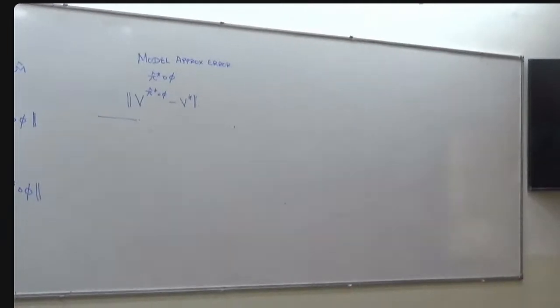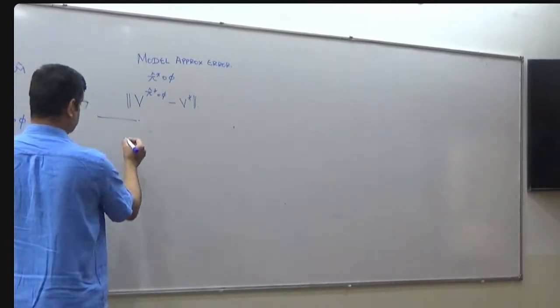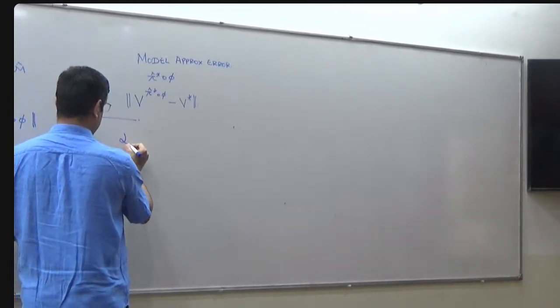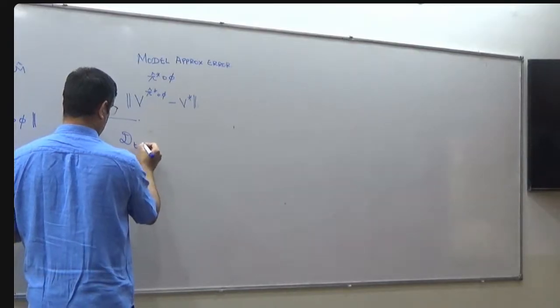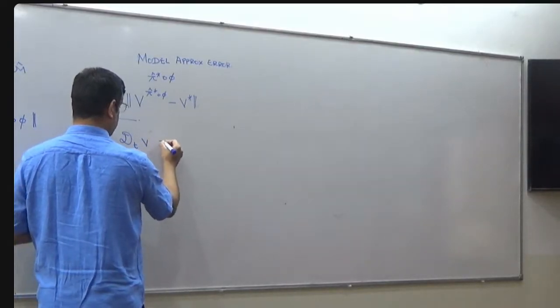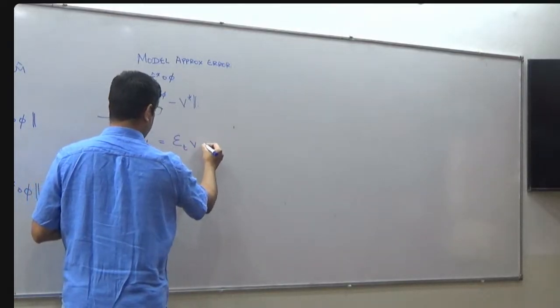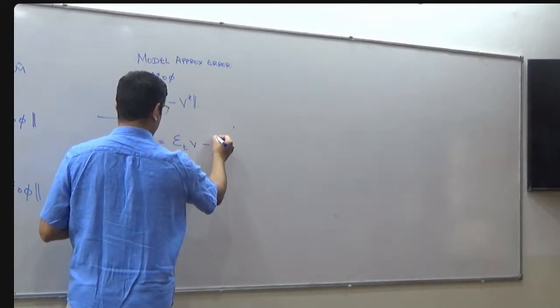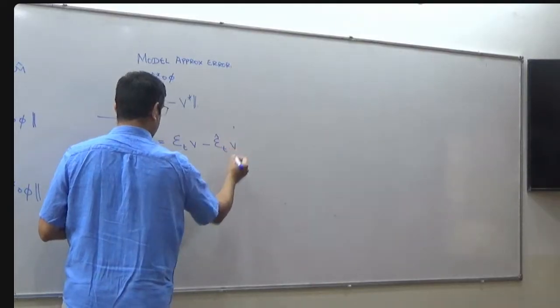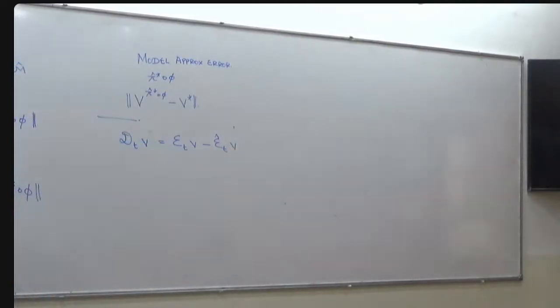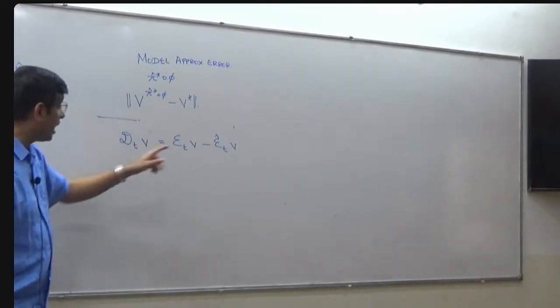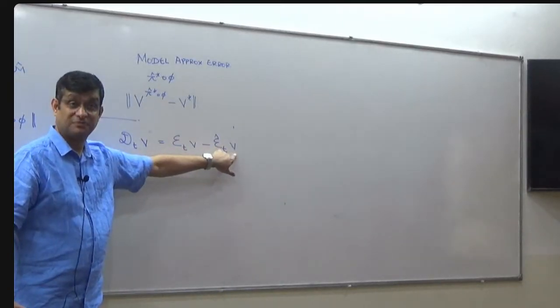When I was in the same spaces, I had defined the mismatch between taking any value function. This was defined as the environment operator applied on V minus the approximate environment operator applied on V. But now these are not on the same space.